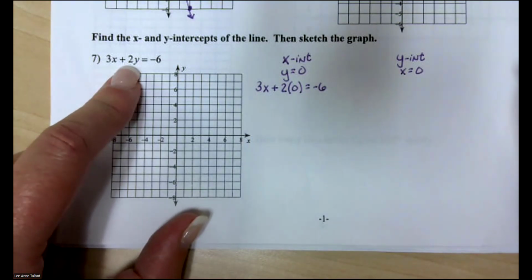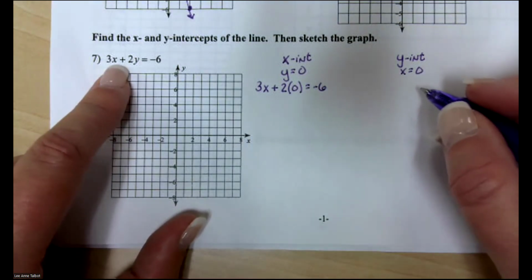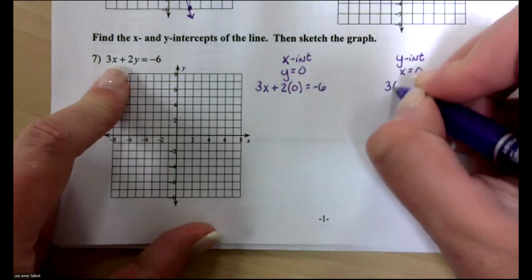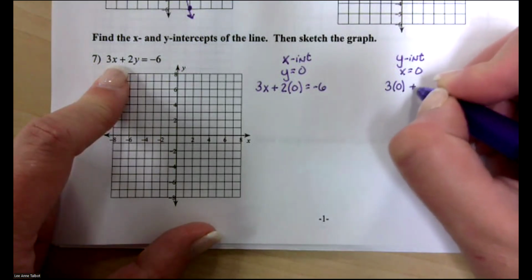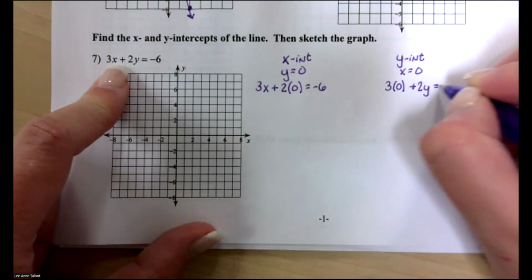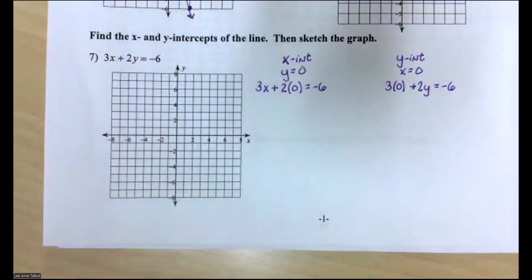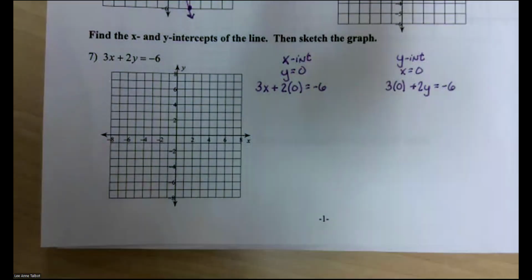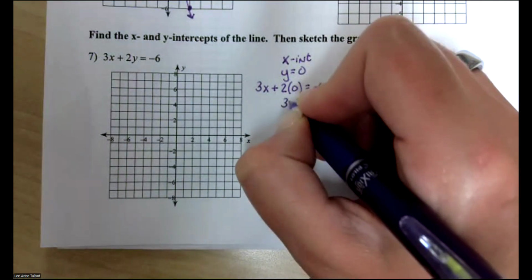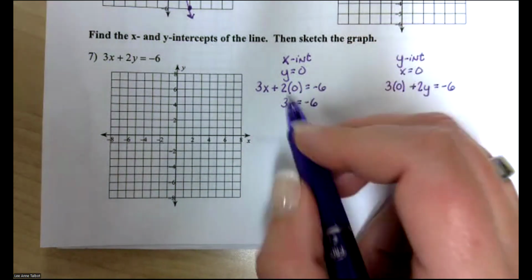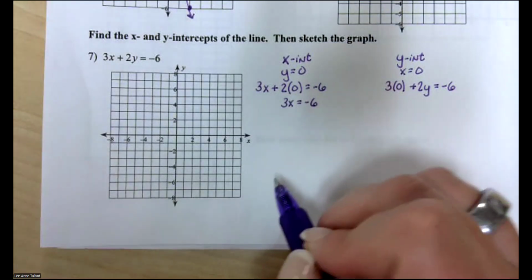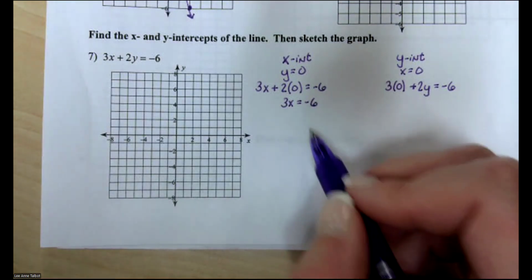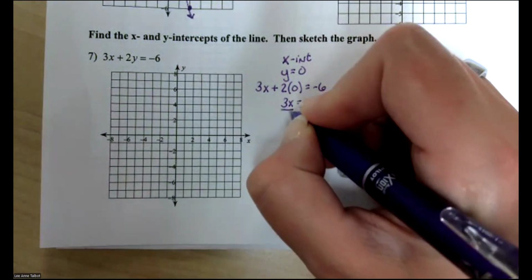So I put 0 in the y spot. Now this one, I'm going to put 0 in the x spot. Zero times 2 is just 0, so that just goes away. So I have 3x equals -6.